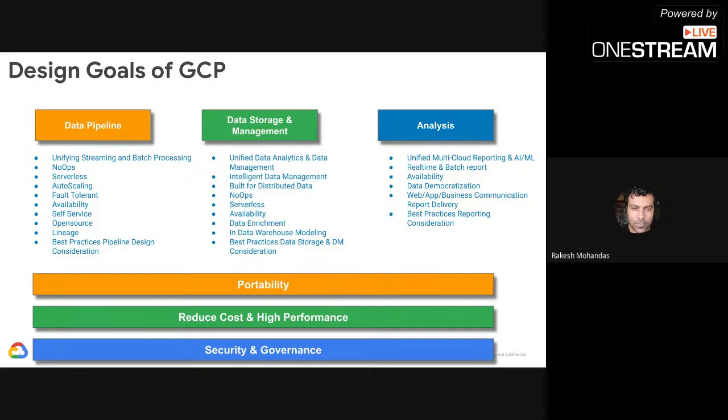Finally, once you have stored the data and have a system in place for all your data warehousing, the analysis part is more important. So we believe you need a system which does analysis not just on data residing on one vendor's infrastructure, like in this case BigQuery, but also on data which might reside in multiple other places.